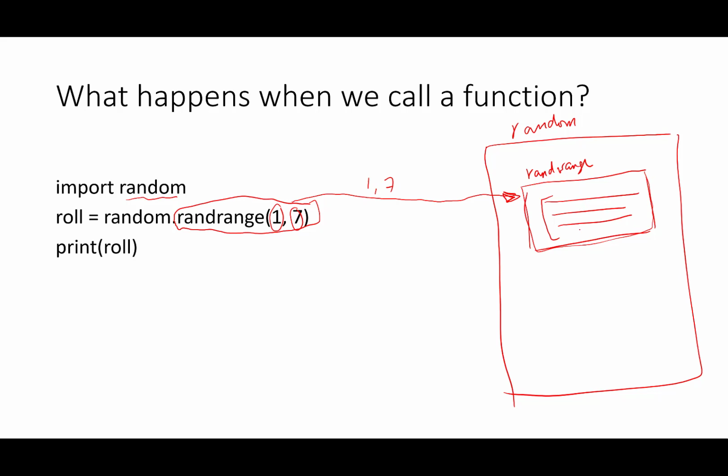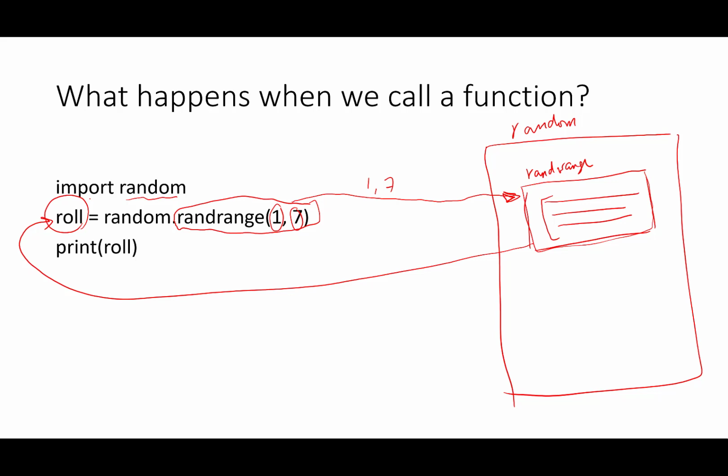Now the function executes, and after it generates a random number within the range, it returns the value, which in this case we store in the variable called row.